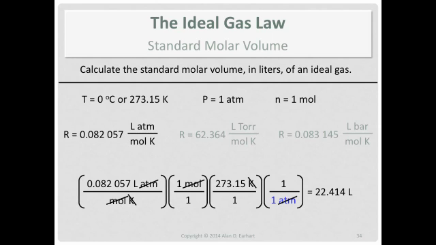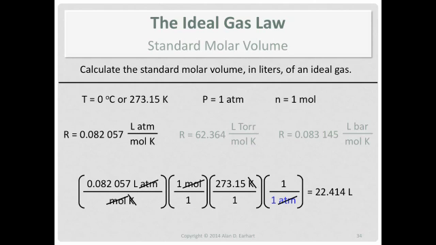The advantage, which you'll see later too, to doing it this way is if you need to do some unit conversions, you can throw those in there and just keep adding pieces onto this puzzle until you get the right units.